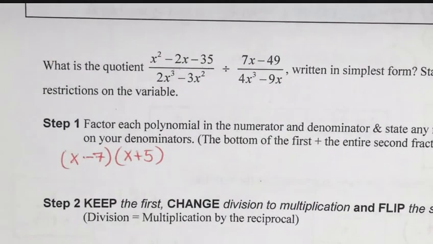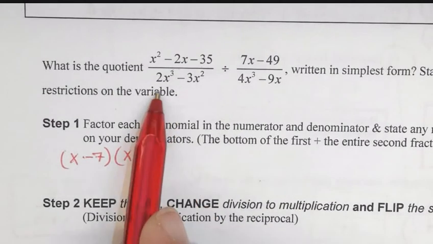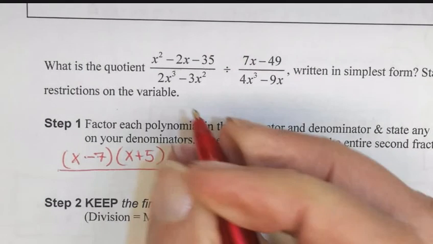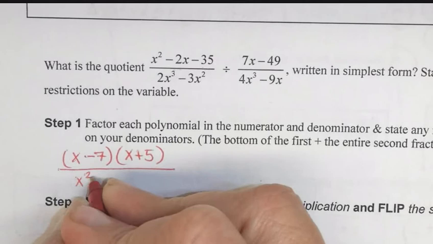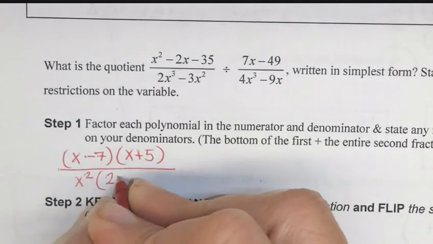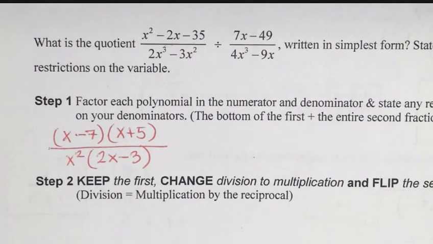Because it has to add to negative 2. Just be careful with the signage there. In the denominator, I can take out a GCF of x squared. Do you agree? Just an x squared. Every variable that they share to the lowest power that's there.